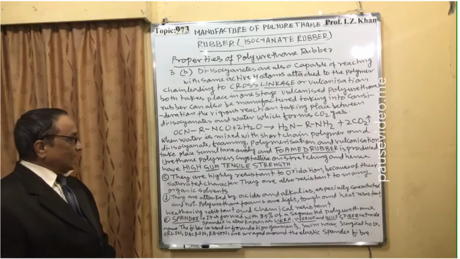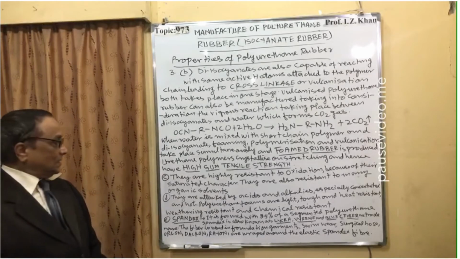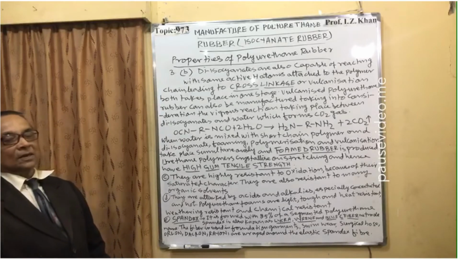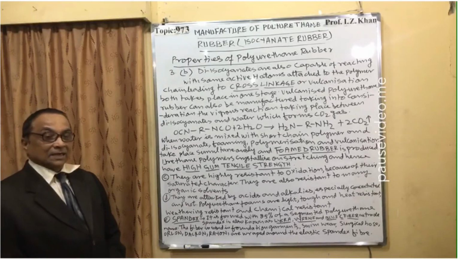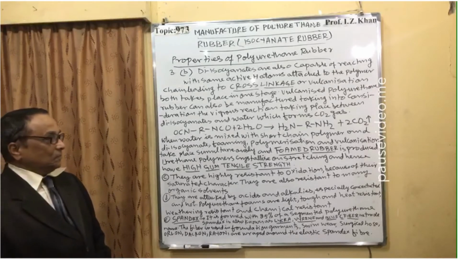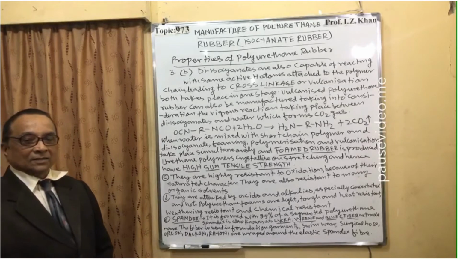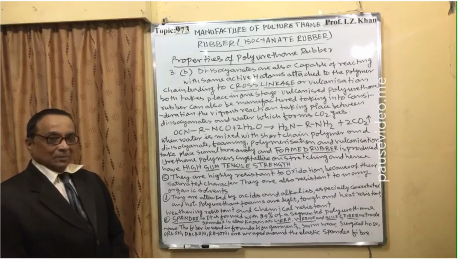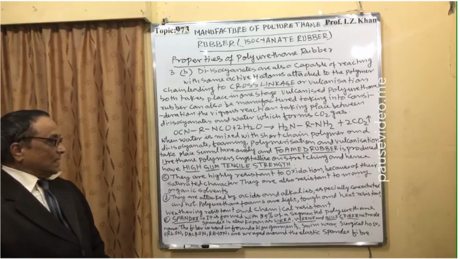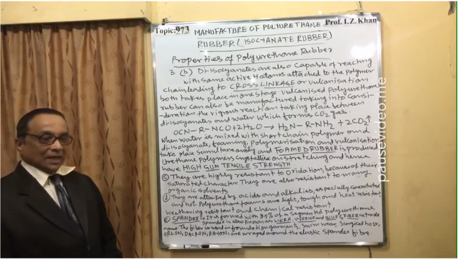C, they are highly resistant to oxidation because of their saturated character, meaning they don't have a double bond, all are single bonds, that is called saturated. So once it is single bonded and saturated, it is resistant to oxidation by the oxygen present in the atmosphere or air, and they are also resistant to many organic solvents.